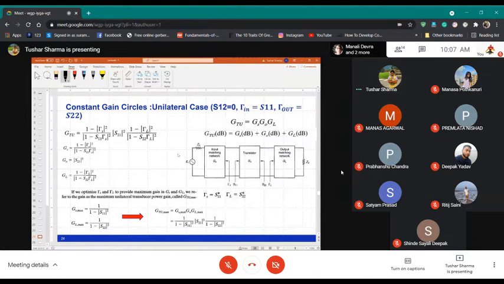Okay, good. So now the question is, we know what the max gain is. So say max gain is, I don't know, 20 dB.